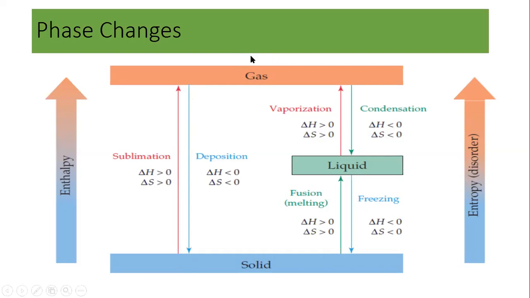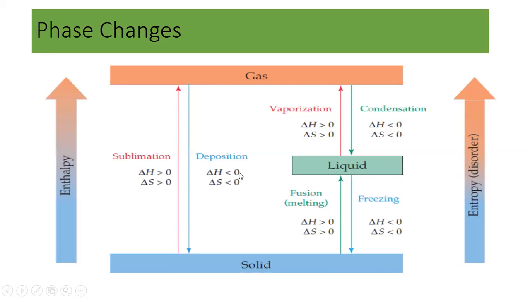There may be a reverse process, when the gas is converted directly into the solid. This process is called the deposition process, and for this one, energy must be released for the conversion from gas to solid, and that's why this process has a change in enthalpy less than zero.